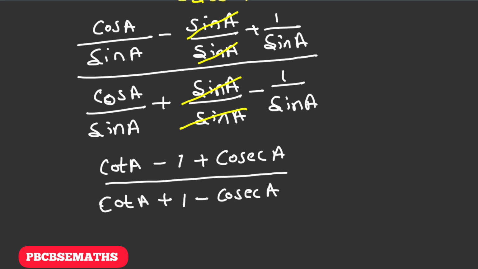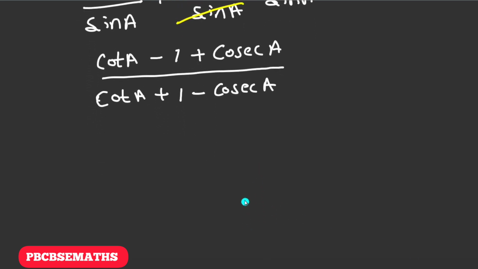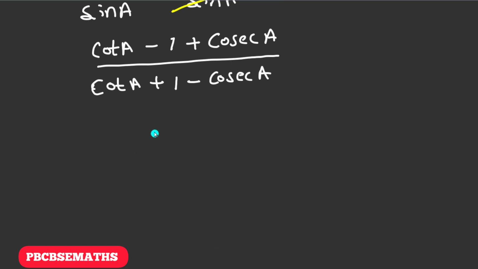Then further, let's simplify this one. We can modify this numerator part as cot A. Let's factor out minus from these two terms. Then we have cot A minus (1 minus cosec A).